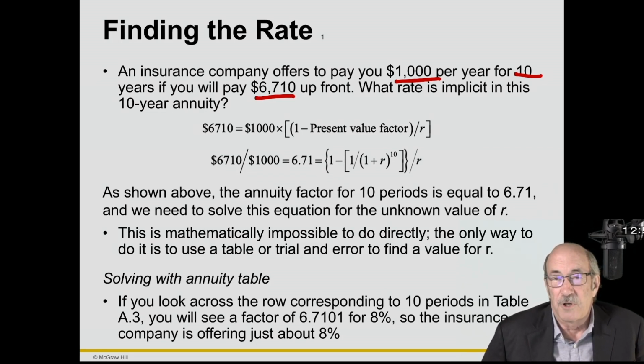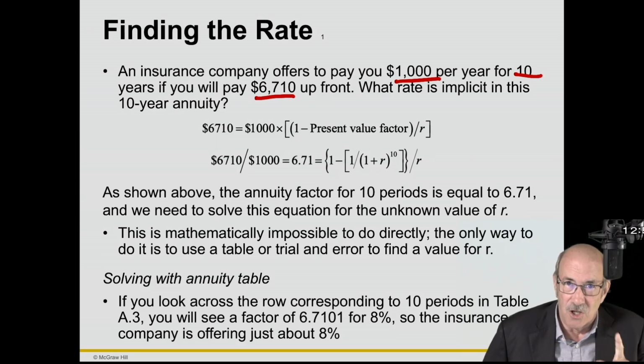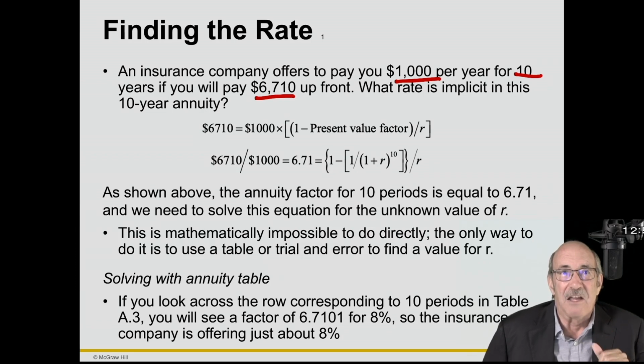Oftentimes they're done when you're retiring and you want to create some sort of stable cash flows. They're not a bad device. An annuity isn't bad as long as you're not paying any fees. And typically the average annuity, you're going to be paying fees, and they're going to be high.